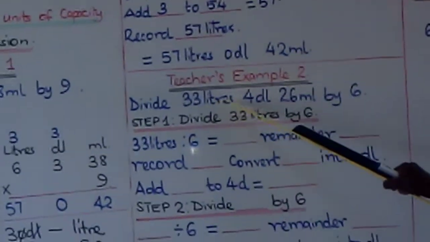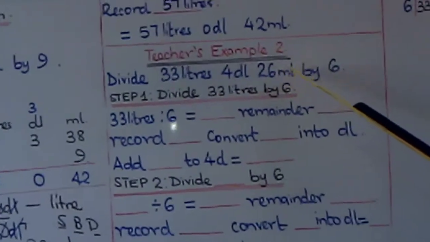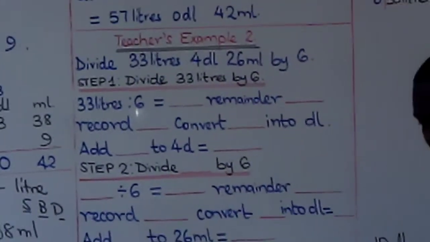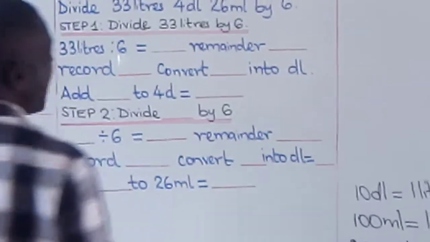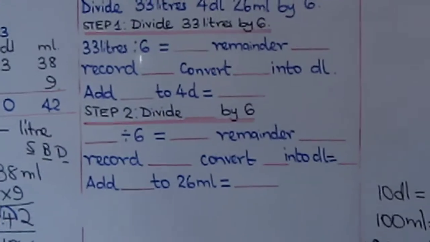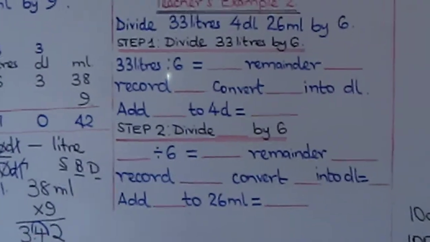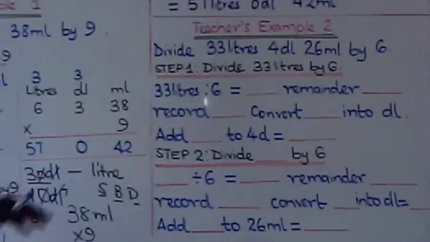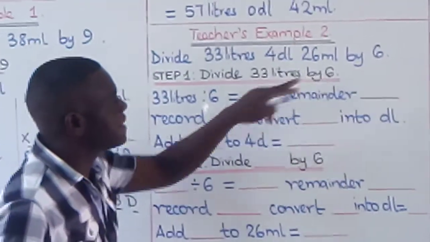Divide 33 liters, 4 deciliters, 26 milliliters by 6. This is now division. Division is related to multiplication, but in a reverse way. And so the first thing is we are dividing 33 liters by 6.